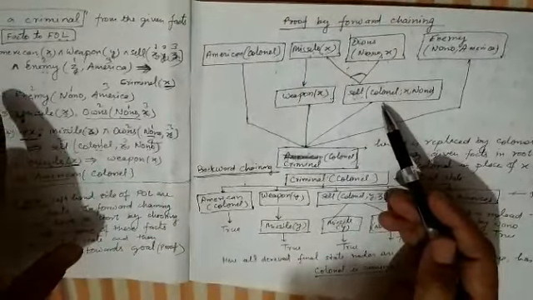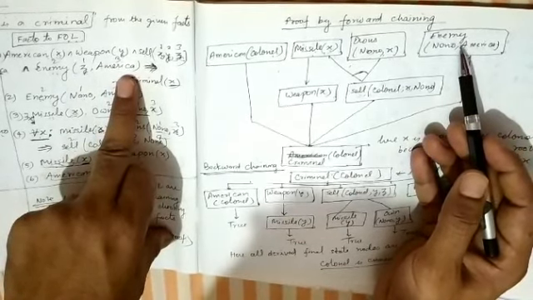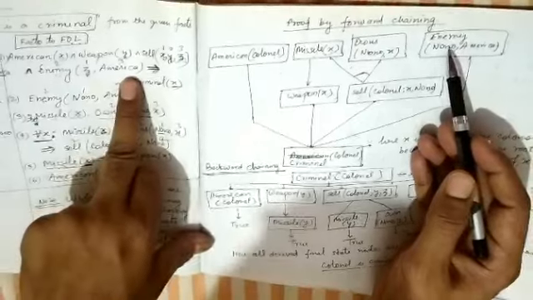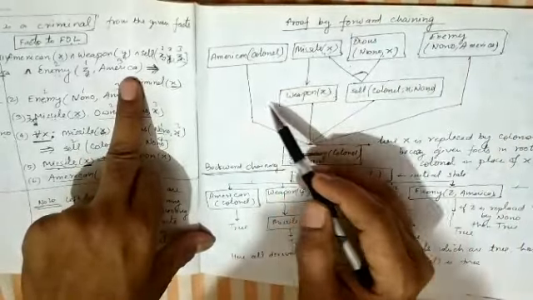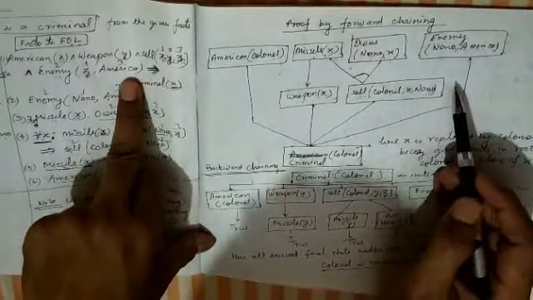Just see the inference rule: all the four facts in the inference rule are available. 1, 2, 3, and 4.